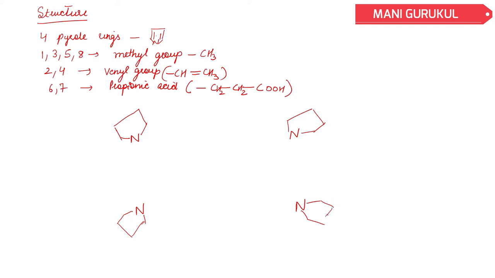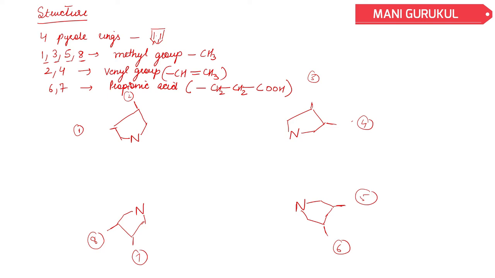Okay, we have drawn. Now, as you know, we have written 1, 3, 5, 8 positions for the methyl group. So we will consider this as 1, this as 2, this as 3, this one 4, this one 5, this one 6, this one 7, and this one 8.